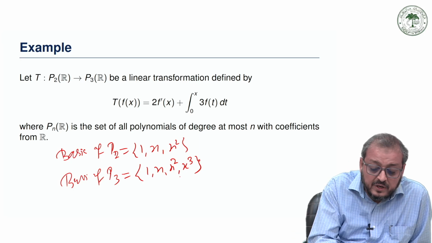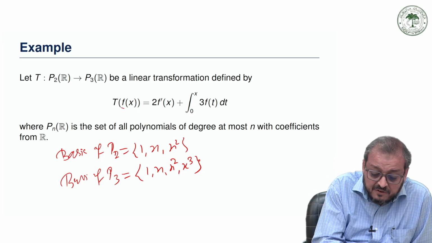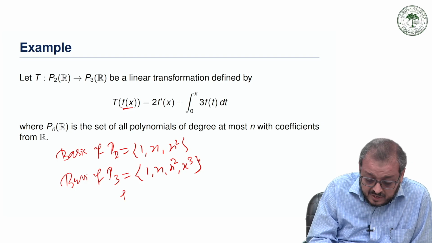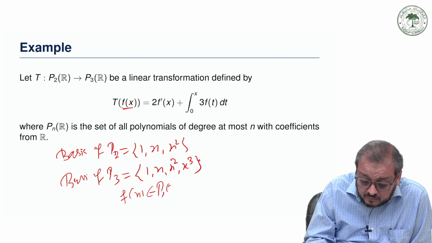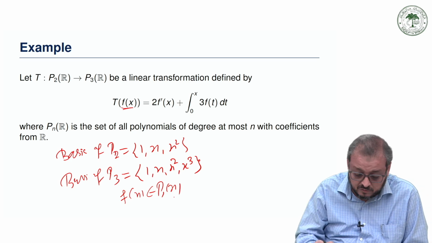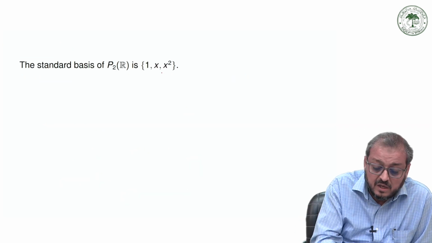So first we calculate T on the basis of this, where f(x) is an element of P2 over the field of R.